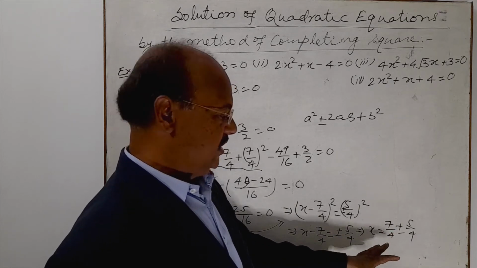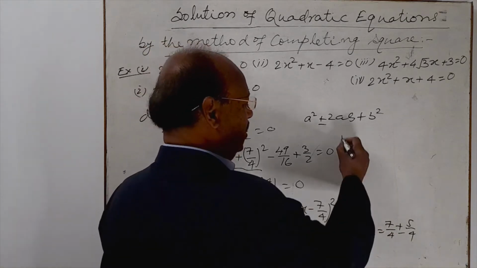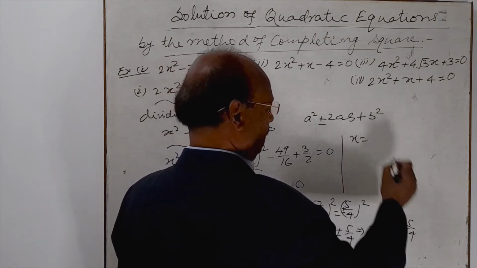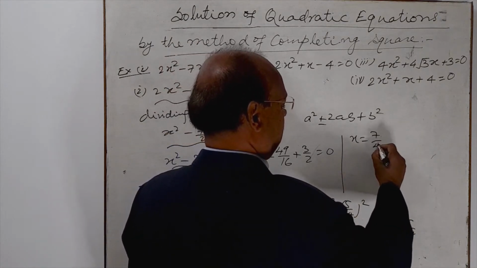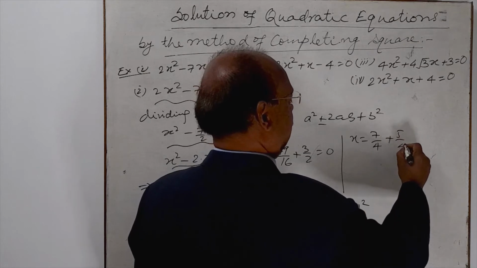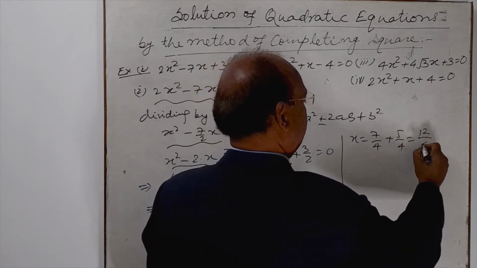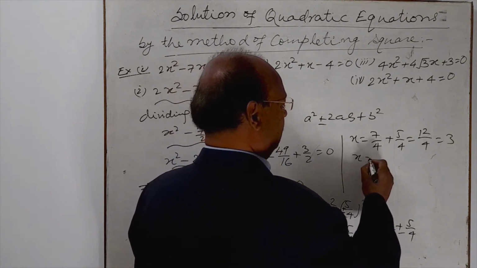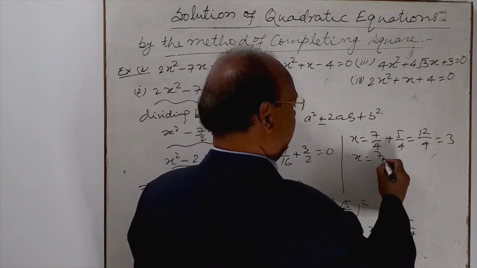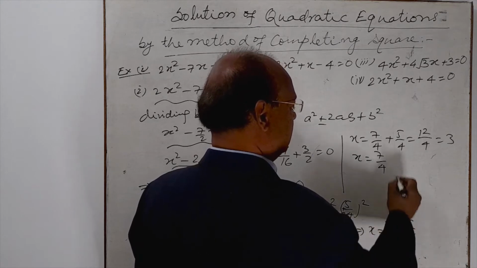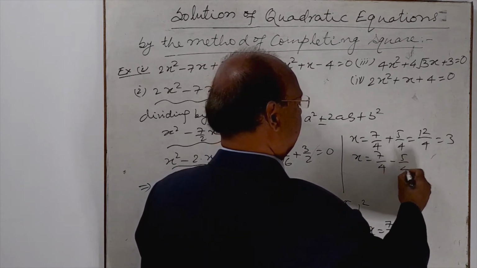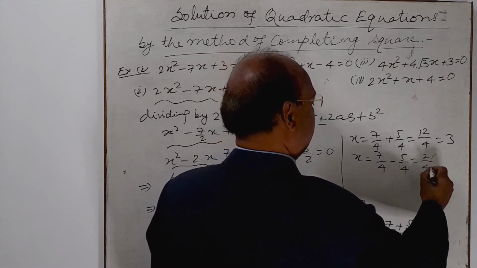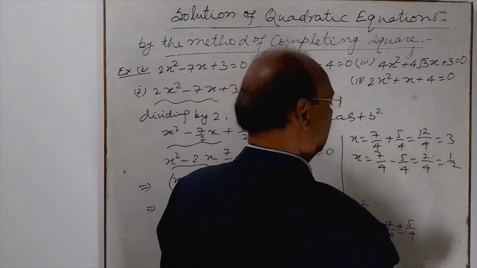So you get two values of x. Correct? The first value we get is 7 by 4 plus 5 by 4, which is equal to 12 by 4, which is equal to 3. And another value of x, we take the minus sign, 7 by 4 minus 5 by 4, which is equal to 2 by 4, which is equal to half.